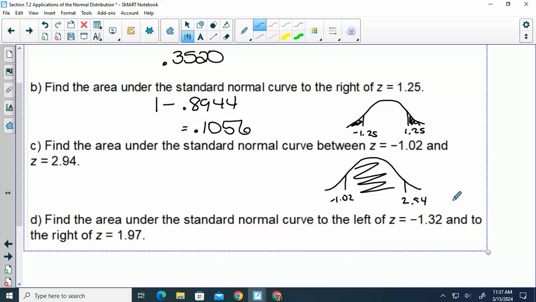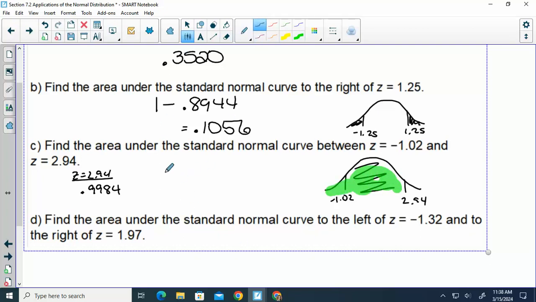Look up a positive 2.94, your area is 0.9984. So that means everything less than this is 0.9984.